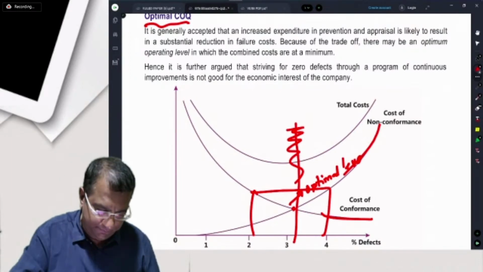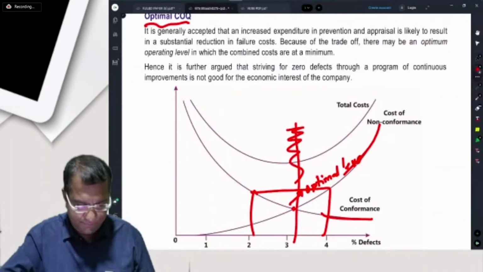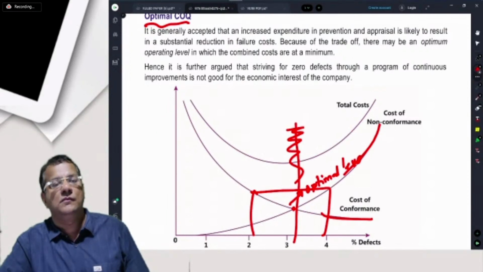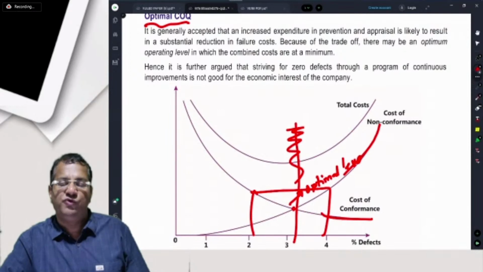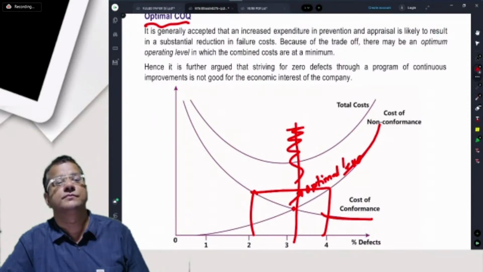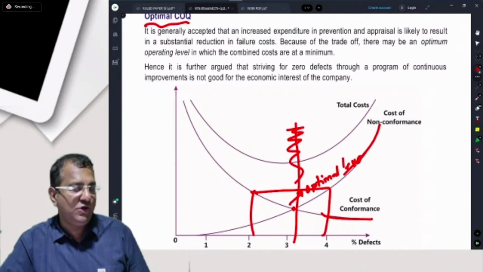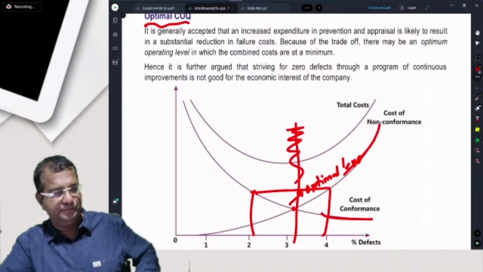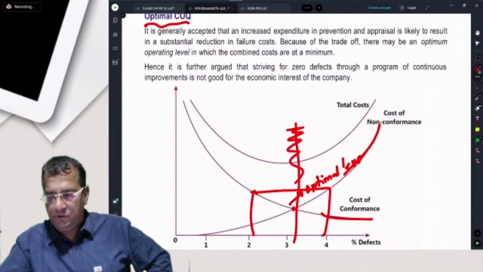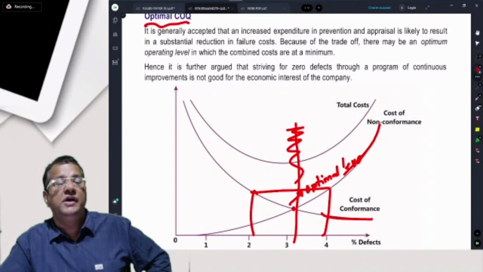Zero defect policy. From financial viewpoint, comma, zero defect policy, that is zero conformance cost, is not desirable.